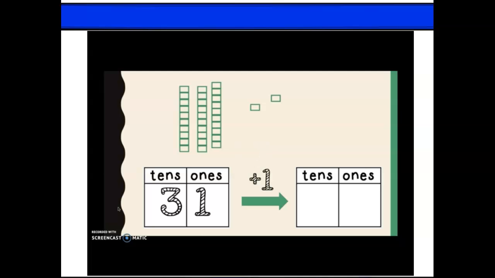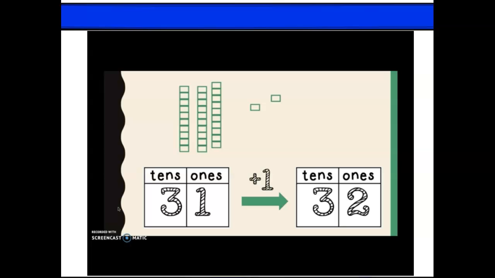Do my tens change at all? Nah, that'll still say 3. What about my ones? Yeah, my ones change. It'll say 2. So I now have 3 tens and 2 ones. Do you notice how the tens didn't change at all? It was only the ones because I was only adding 1 more.